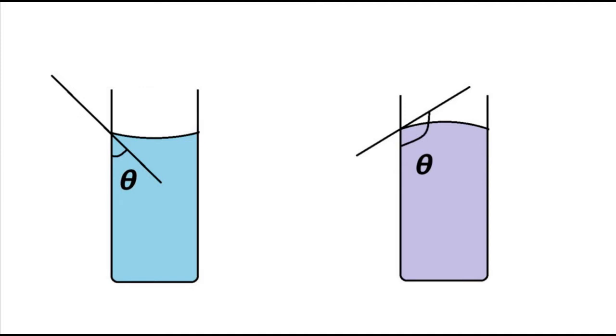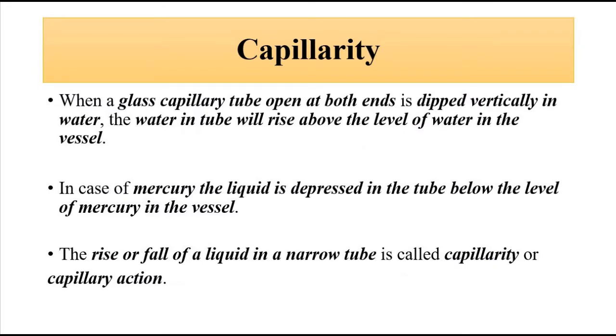So where does capillarity come into play? Capillarity basically is the phenomenon when a capillary tube of very small diameter, open at both ends, is dipped vertically in water or any other liquid. Here we have just discussed water, but it can be mercury or any other liquid.